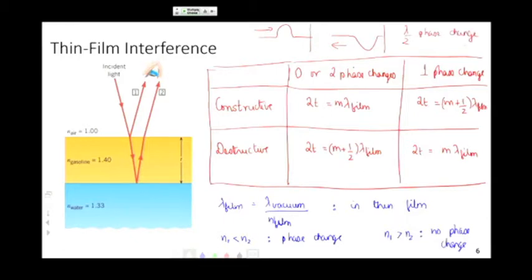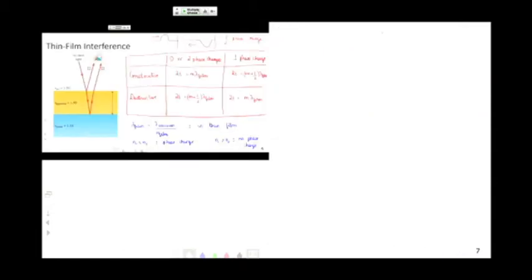If it doesn't flip, if it goes back the same way as it came in, so let me draw the full wave. It's coming in this way. When it reflects, if it goes back that way, then there is no phase change.